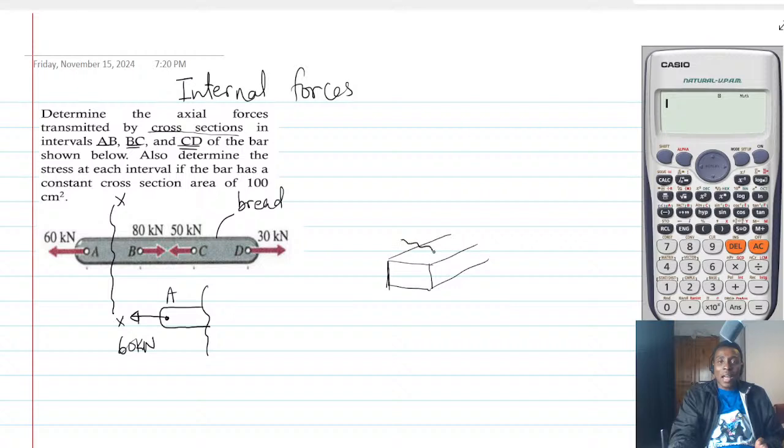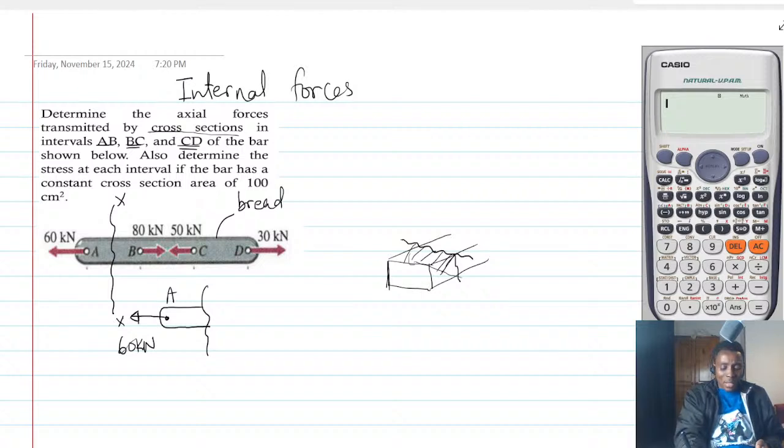Let's say I decide to cut. So it's going to cut through a certain section. There is a plane which cuts through like that.